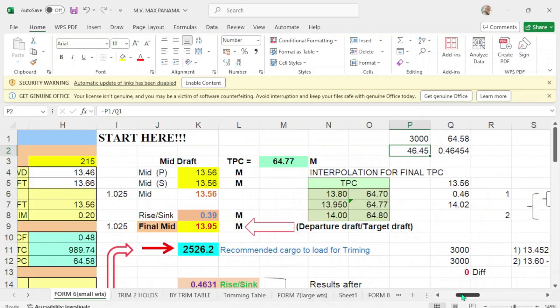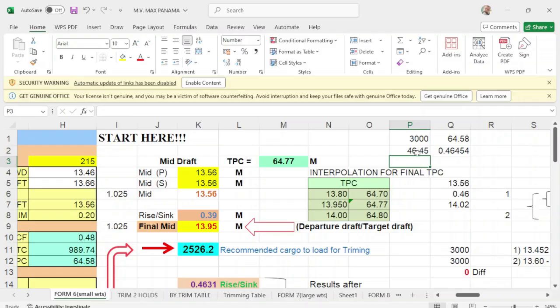So what you do is put here equals 3,000, the remaining cargo to load, divided by your TPC, and that will be 46 centimeters.